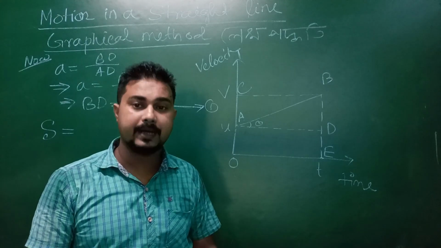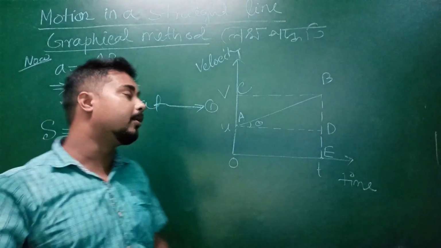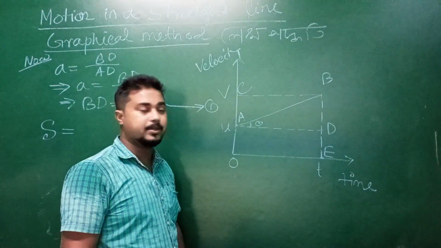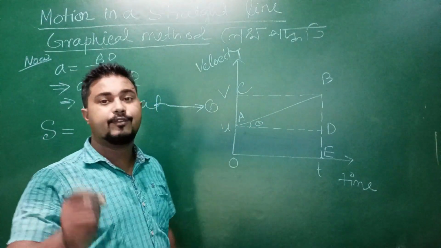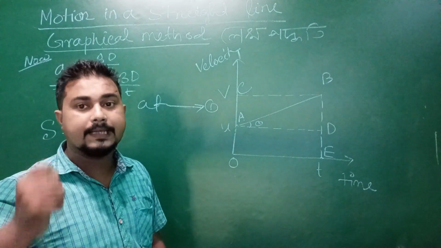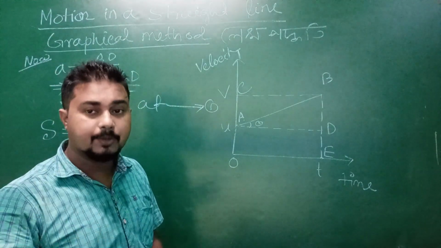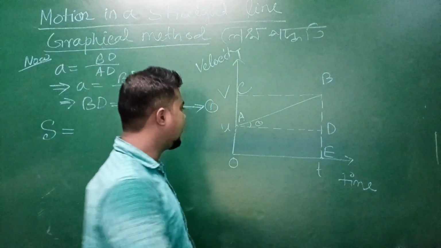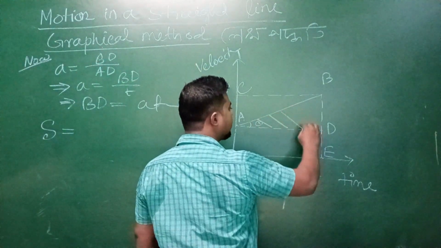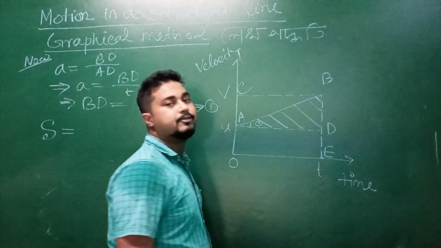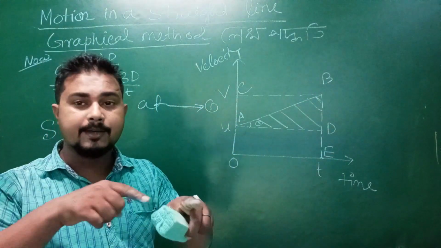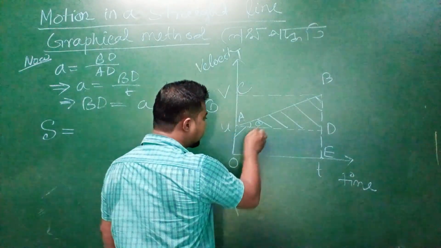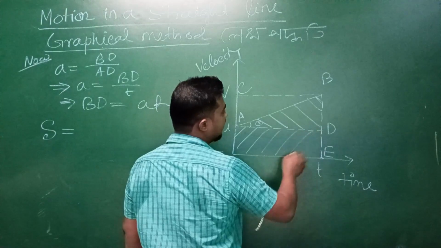OABE is the trapezium we get here, and its area is what we need. Now see, if we split up that trapezium into two parts, one portion will be a triangular portion, and the other will be a rectangular portion.